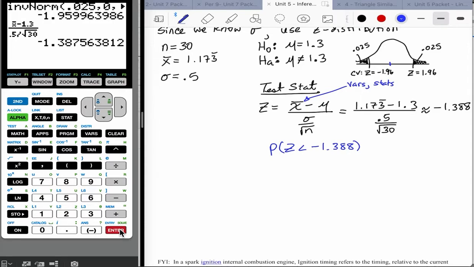Either way, if this value is less than alpha, or alpha over 2, depending, you would reject the null hypothesis. But before we do that, we got to get this number.